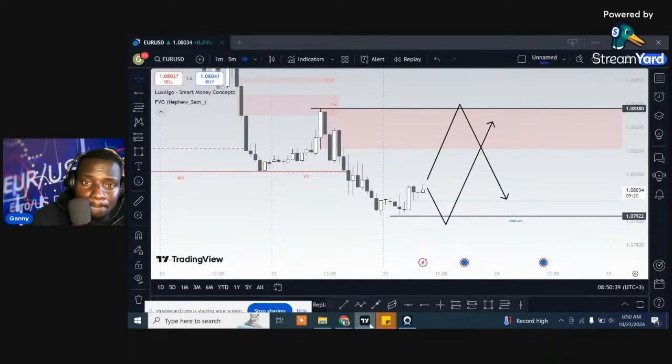So let me go all in on this particular trade. Guys, that's not how trading works. When it comes to trading, it's a game of probabilities. You're playing a game of probabilities. So something can happen or it might not happen. So do not put all your eggs in one basket. That's not how things work.